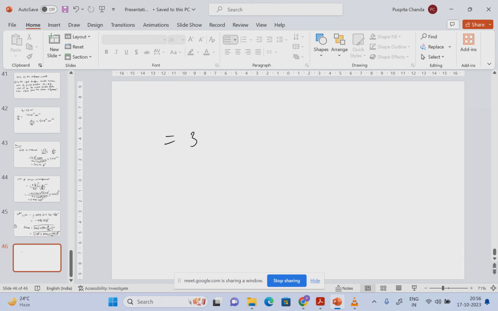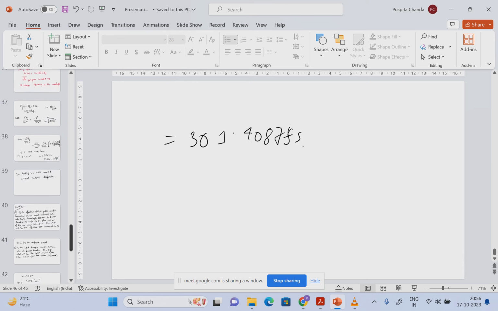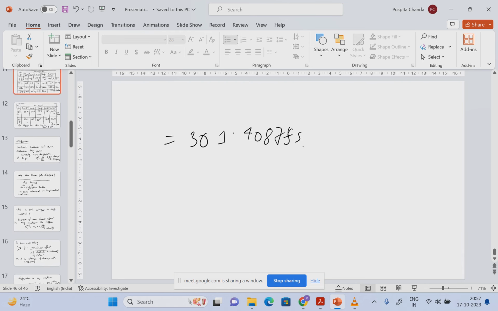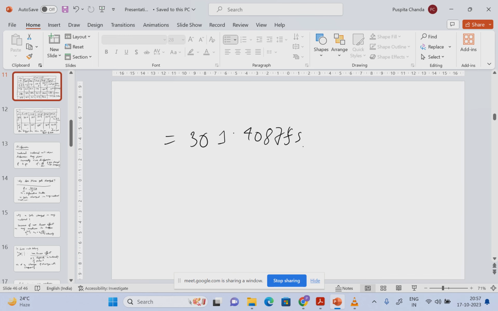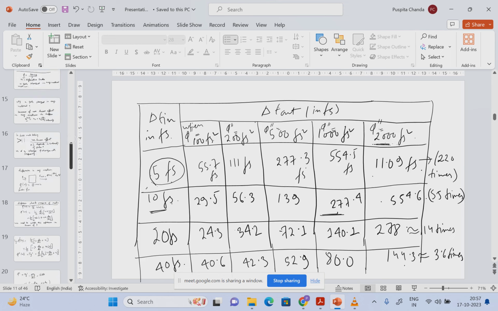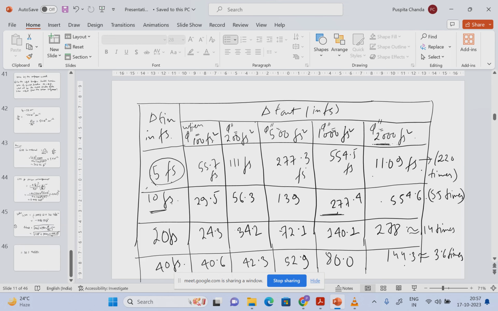So it will become 301.4087 femtosecond. So from the chart you can see what will happen when a 10 femtosecond pulse is subject to 1000 femtosecond square GDD, where it was 1100. So it is almost in the same range. So this is the correct answer.